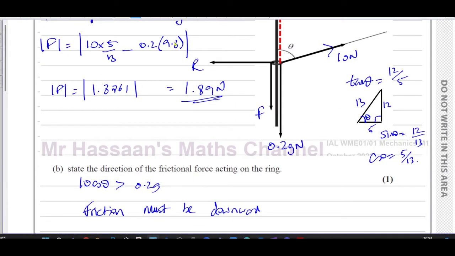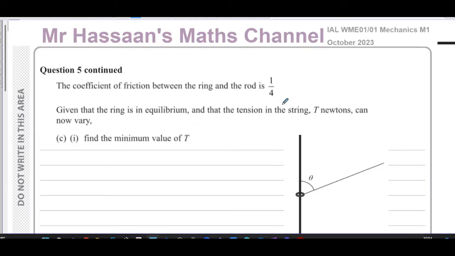Now for part C, it says the coefficient of friction between the ring and the rod is a quarter. We also know already that the sine of theta was 12/13, sorry, and the cosine of theta was 5/13. We know that from before.